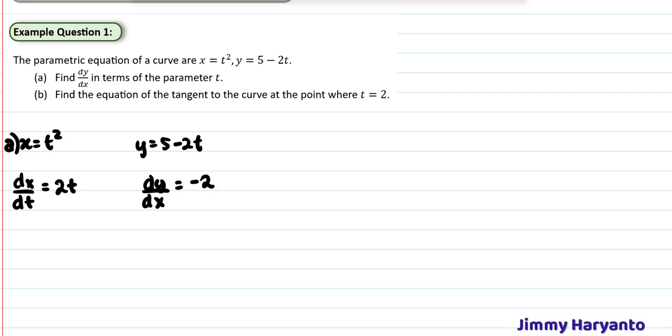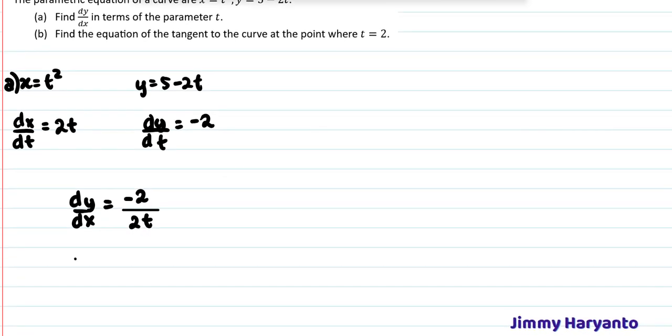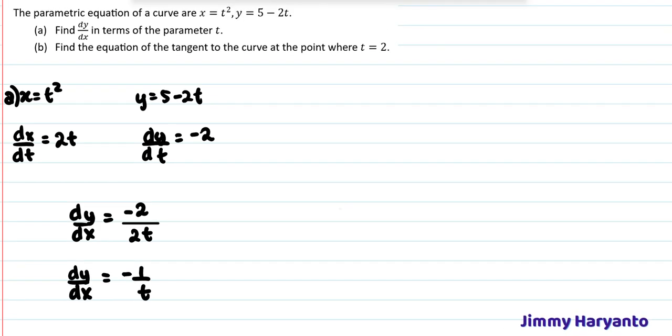Because we already have dy/dt and dx/dt, we can find dy/dx using the formula, dy/dt over dx/dt. When you simplify this, you will have negative 1 over t as the result.